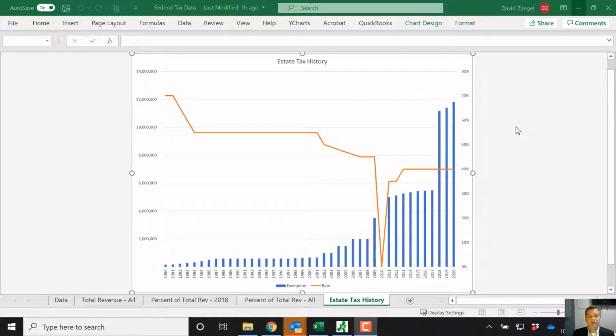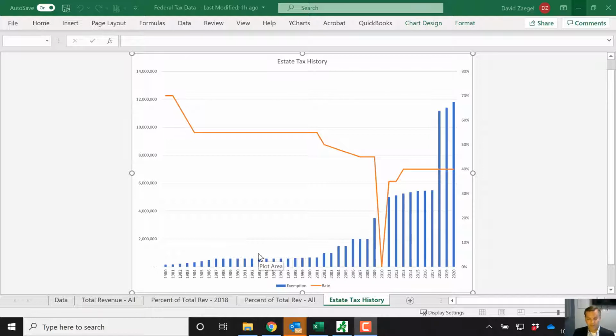By exemption amount, what we mean is what amount you are allowed to pass on at your death without it being taxed under this estate tax plan. It used to be in the $1 million range for a long time in the 80s and 90s and even early 2000s, and it's ramped up significantly since then.